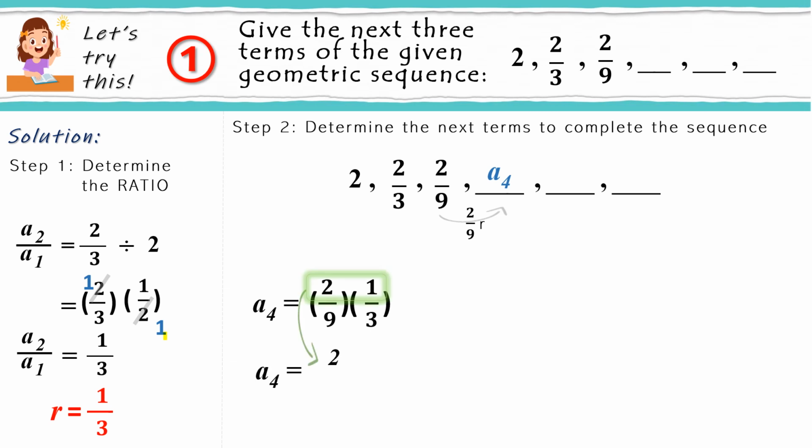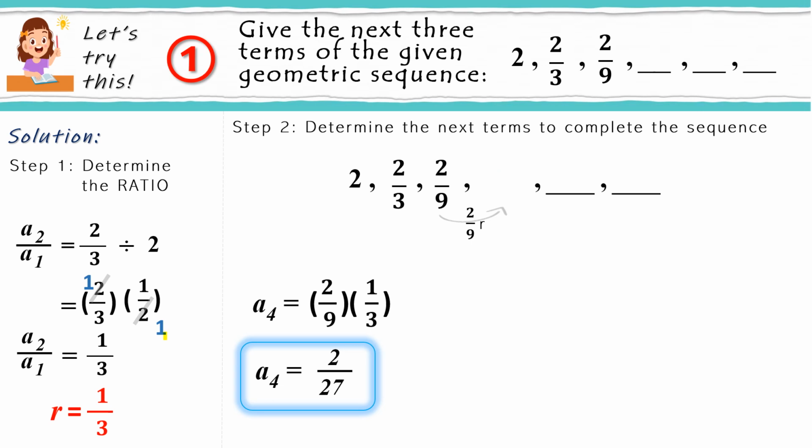So, numerator times numerator, we have 2 times 1 is 2 over 9 times 3, which is 27. So, wala na tayong common factor sa 2 and 27. So, that is, our a sub 4 is 2/27.